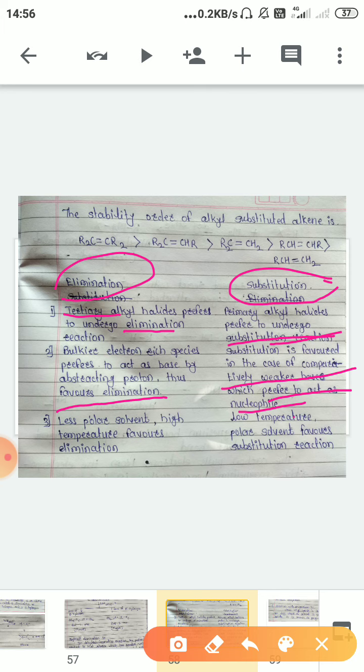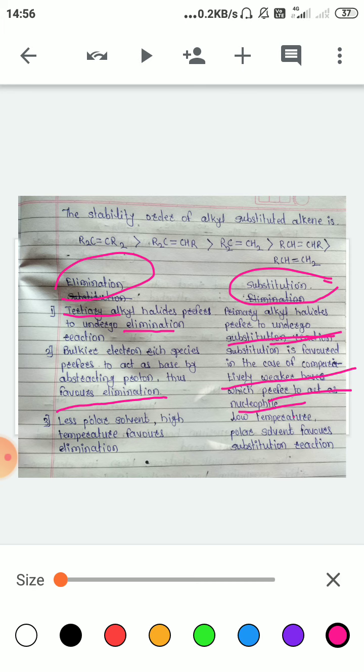And the last point: less polar solvent and high temperature favor elimination reaction, while low temperature and polar solvent favor substitution reaction. So these are the few points we have to remember to decide whether the reaction will be elimination or substitution.